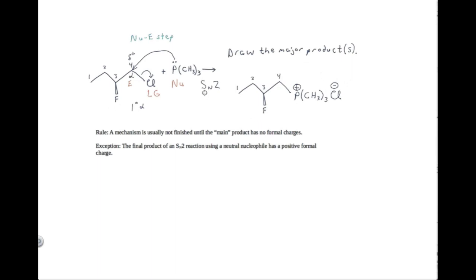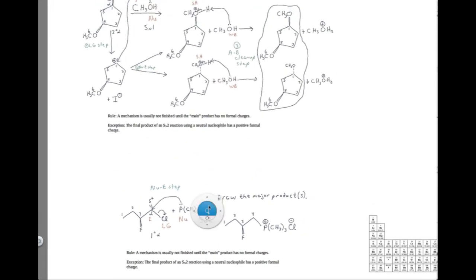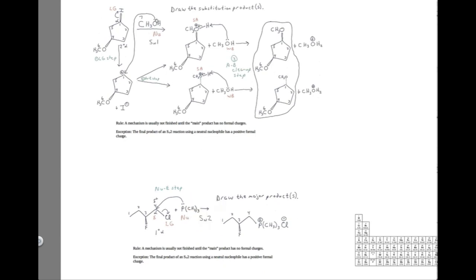This problem also gave us a chance to get a little bit more practice with an SN2 reaction with a neutral nucleophile. Compare that with SN1 with a neutral nucleophile. When we do an SN1 reaction with a neutral nucleophile, the neutral nucleophile ends up with a positive formal charge, and then we do an acid-base cleanup to get rid of that positive formal charge. That's the normal pattern that you will usually encounter in other Ochem reactions. But SN2 reactions are an exception to that normal pattern.